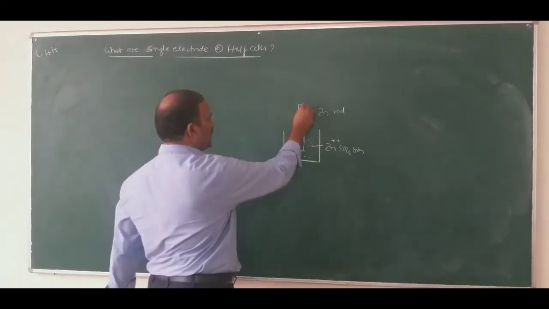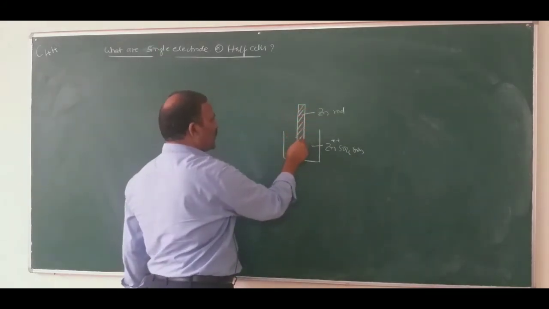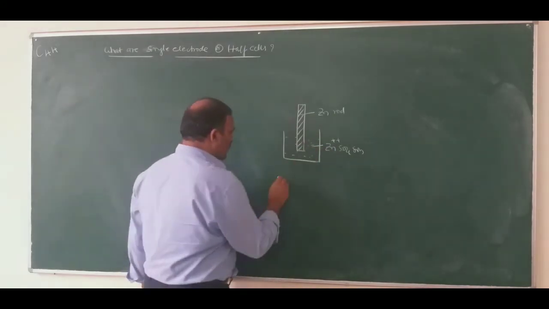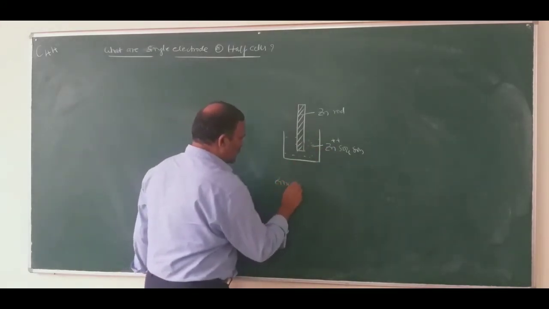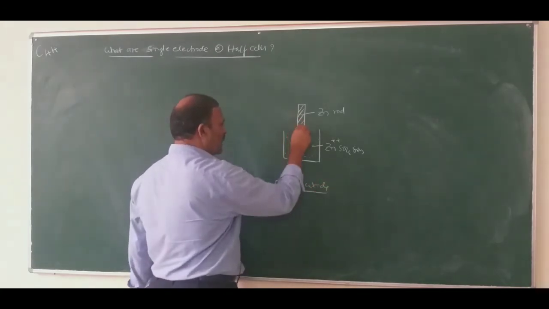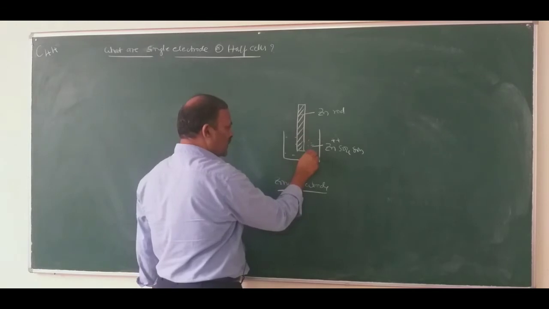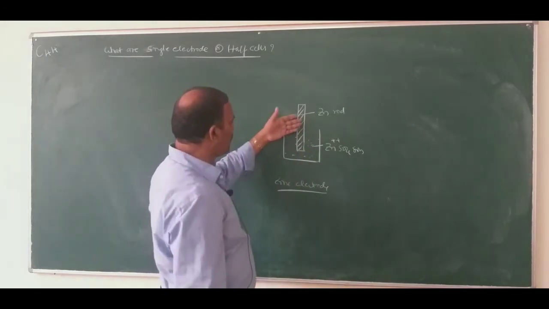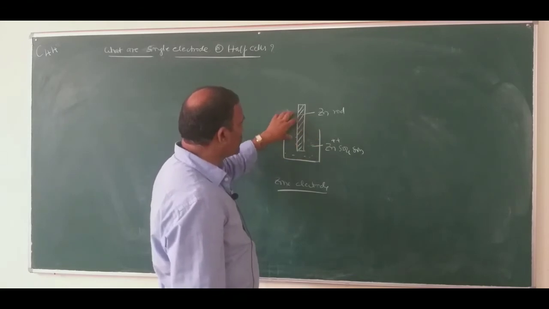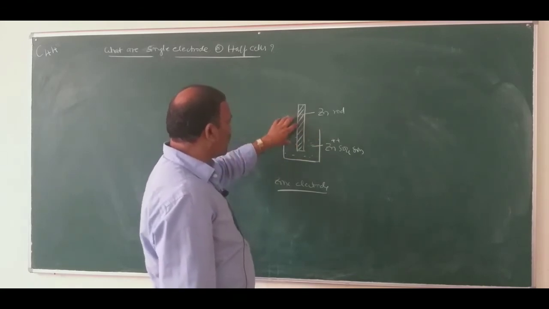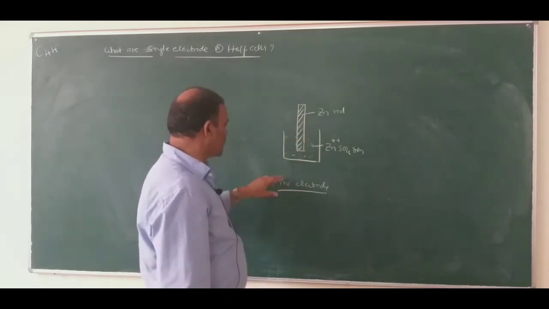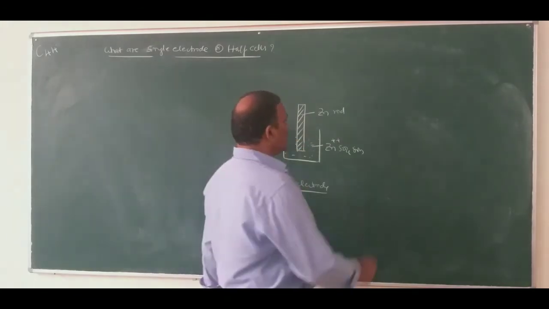So this is a metal in contact with its ions in solution, and it is called a zinc electrode. When a metal is dipped in a solution of its ions, it forms an electrode, which is called a metal electrode. Here zinc is dipped in zinc ions, so it is called a zinc electrode.